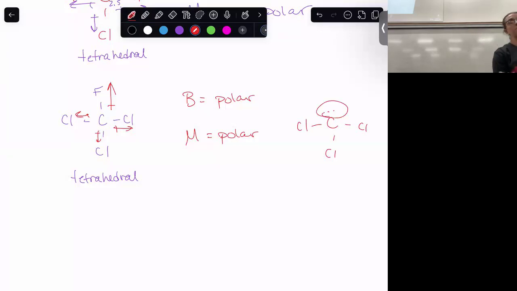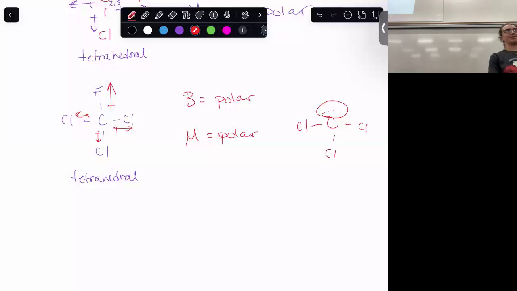But now this lone pair throws off the symmetry of the atom, still causing you to have a polar molecule. So even though there's not an atom that creates a dipole, the lone pair throws off the symmetry as well. Does that make sense? So even if it changes the shape, I guess it's just that if there's a lone pair on the center, then it's always gonna be polar.